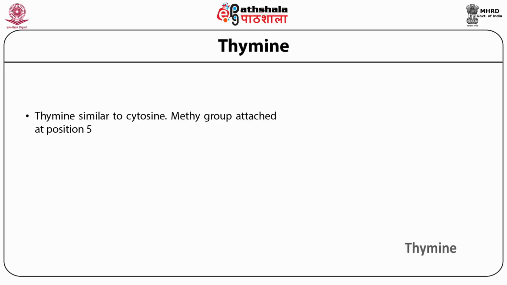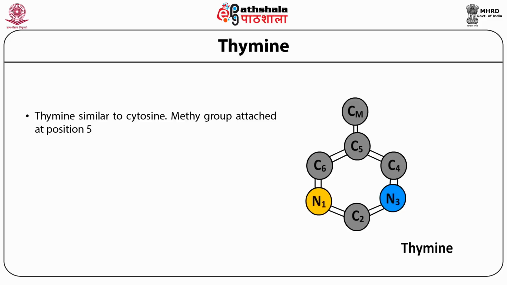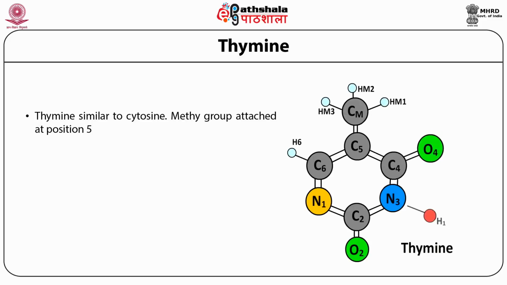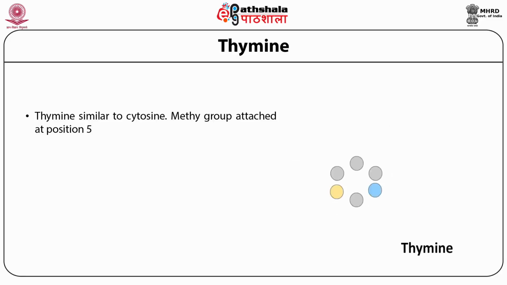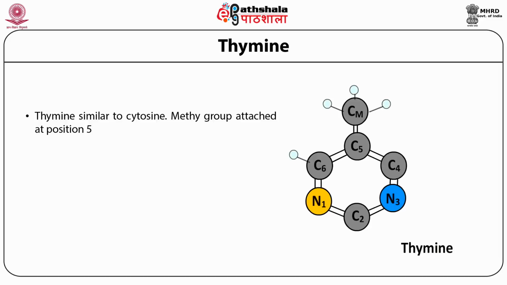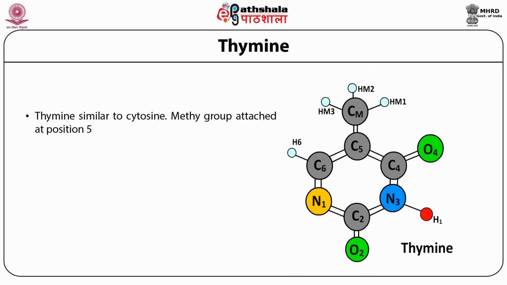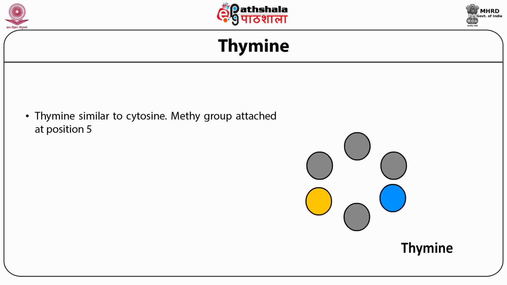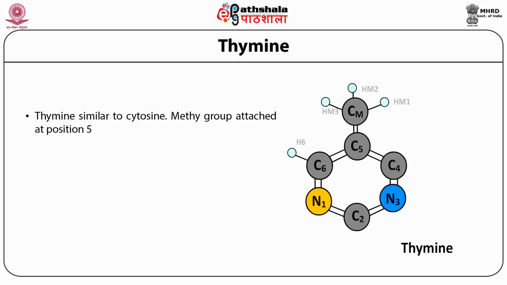Thymine. Thymine is quite similar to cytosine, but thymine has a methyl group, here shown in light blue color in the cardboard model, and these methyl protons are also quite important in recognition of proteins and drugs and other molecules.